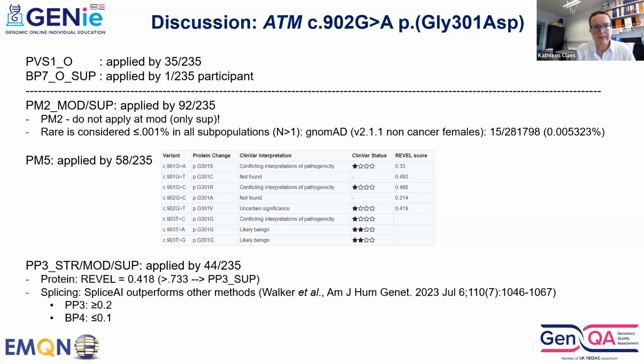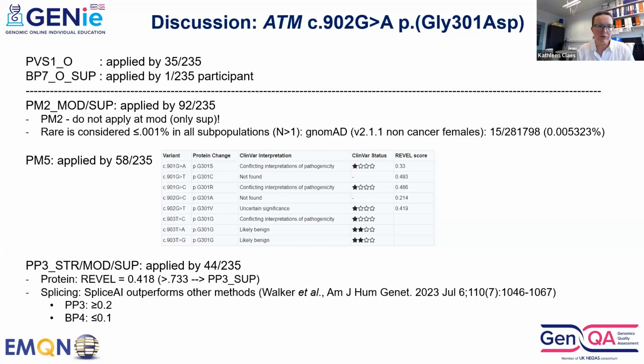What we saw is that several people applied PM2 at different levels, so moderate or supporting. However, in the guidelines from ClinGen, but also the VCEP, it's now advised to use PM2 only at the supporting level.